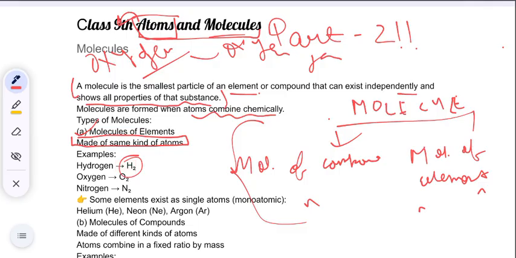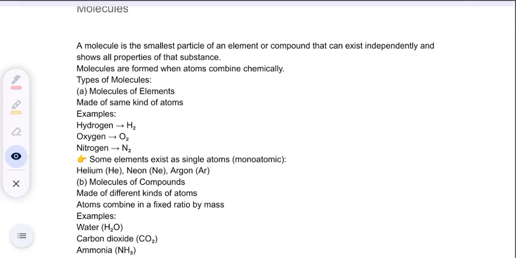In hydrogen, this two represents the number of atoms, and when two or more atoms combine they form one molecule, understood. So means in elements the molecule is made of the same kind of atom. If we are talking about hydrogen, then its molecule will be made of only hydrogen atoms, okay.